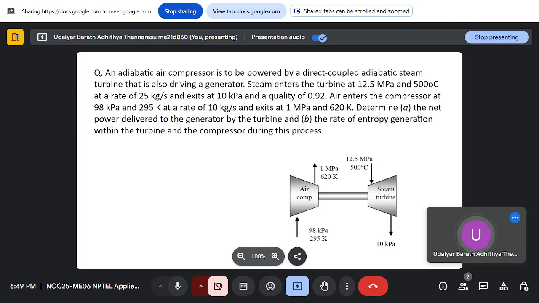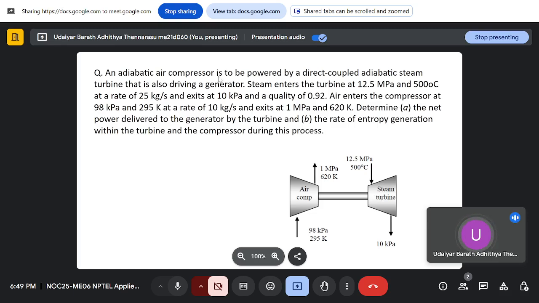Determine the net power delivered to the generator by the turbine and the rate of entropy generation within the turbine and the compressor during the process. Both inlet and exit conditions are specified for the compressor and the turbine.